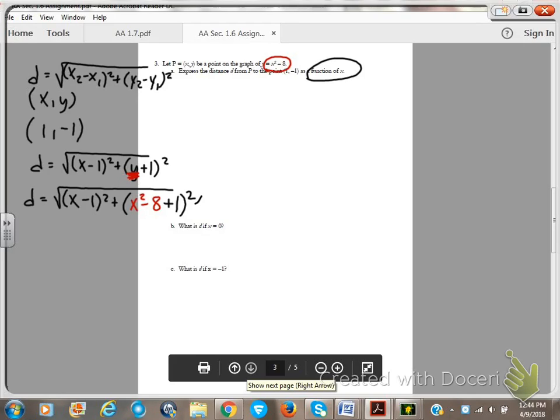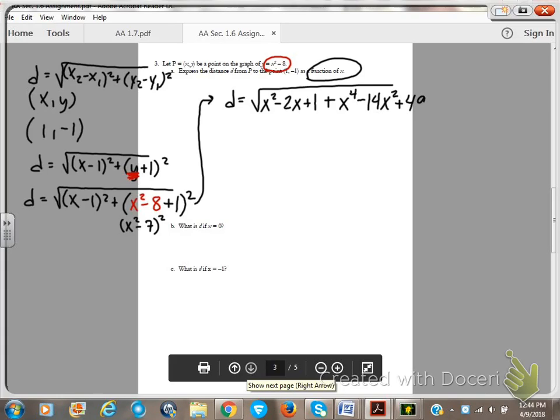And then we'll do some algebra. d equals the square root of, when you FOIL out a binomial, you get a trinomial: x squared minus 2x plus 1, plus, now underneath here, that's the same thing as saying (x squared minus 7) quantity squared. Again, it's a binomial. You FOIL it out, you get a trinomial: x to the 4th minus 14x squared plus 49.